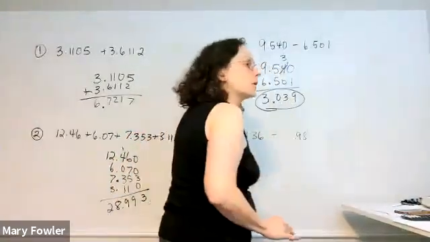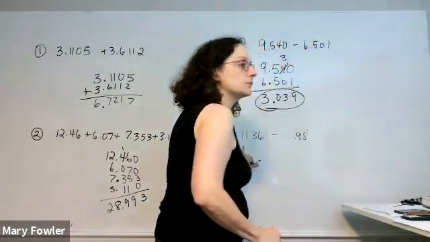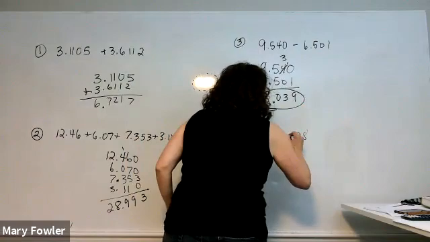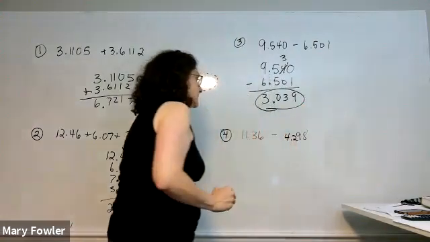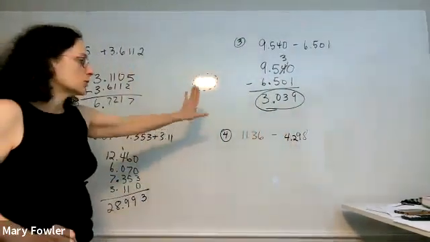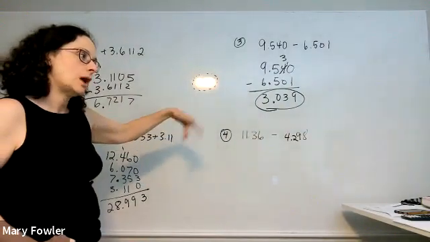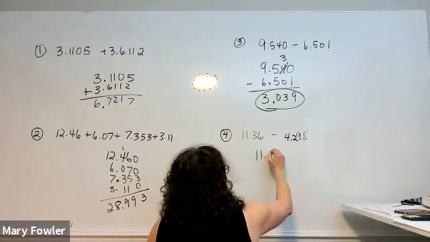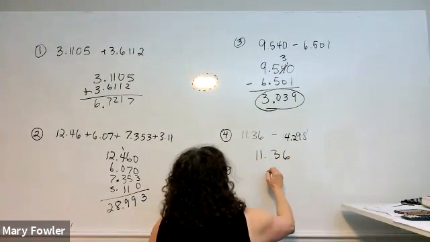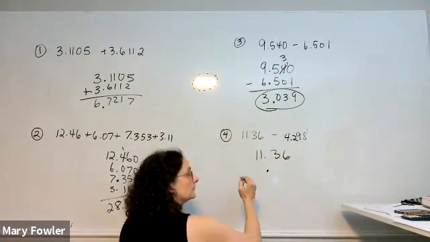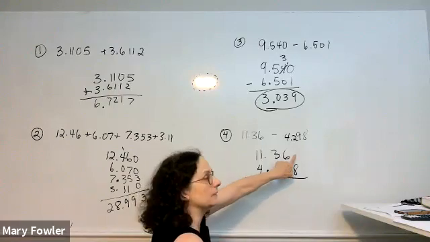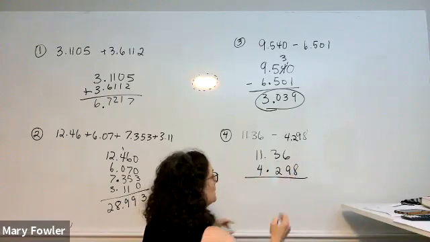So number 4 is 11.36 minus 4.298. Great. Okay, so let's write down the problem, line up with the decimal points. Okay, looks like we need to pad 1 0 here.